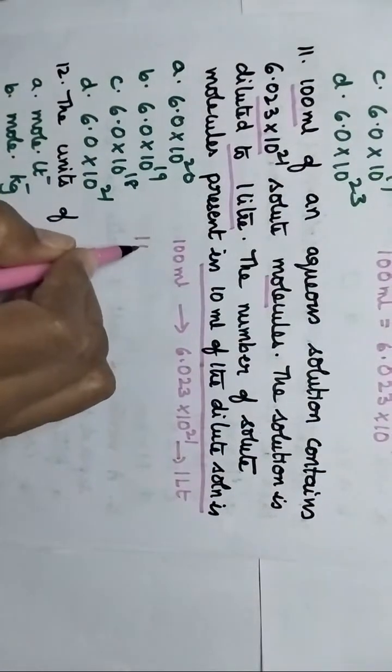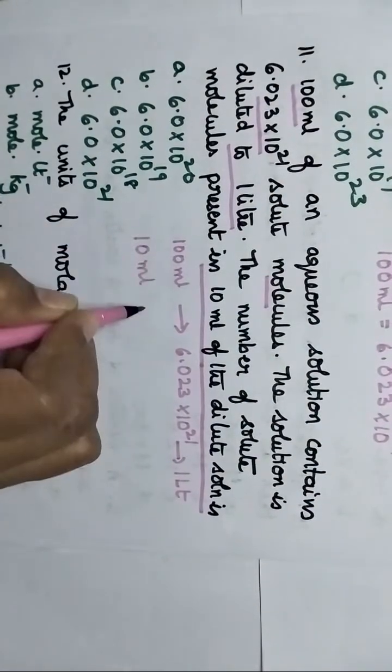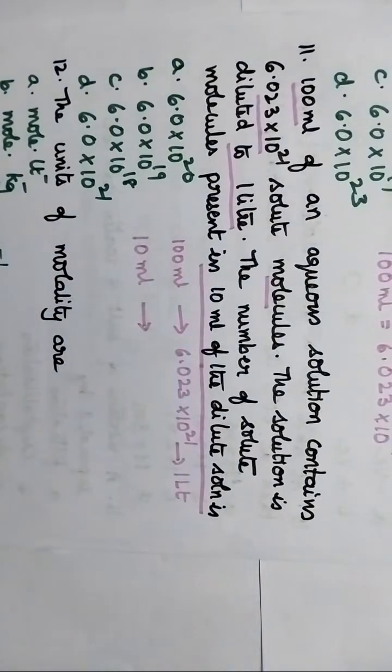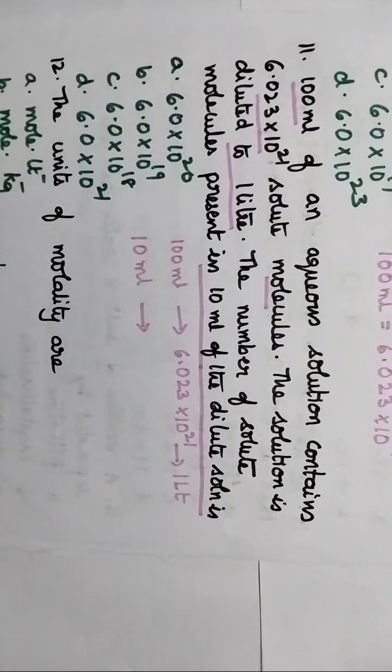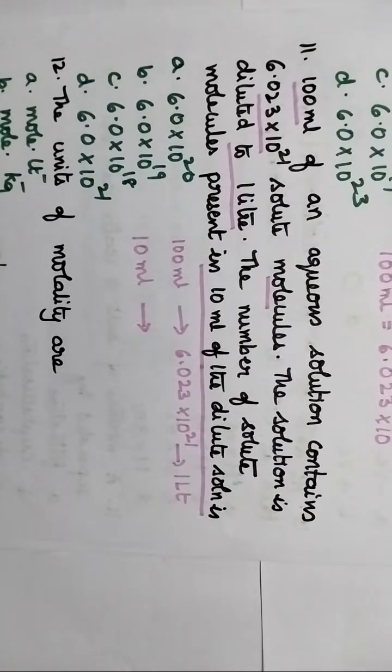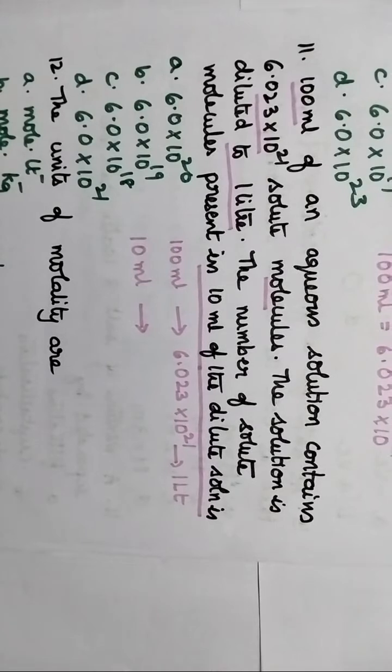Next, 10 ml of the solution is taken and you are supposed to identify how many particles will be present. Everything is available, you just answer. Very good. Lalita, Kanya Reddy, you both gave the right answer.